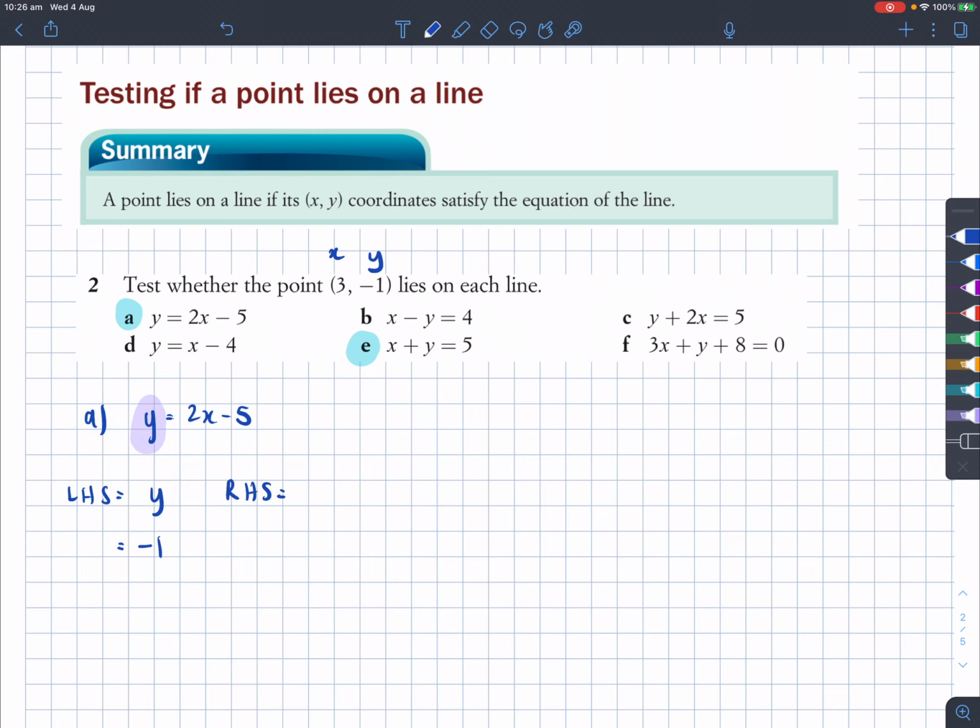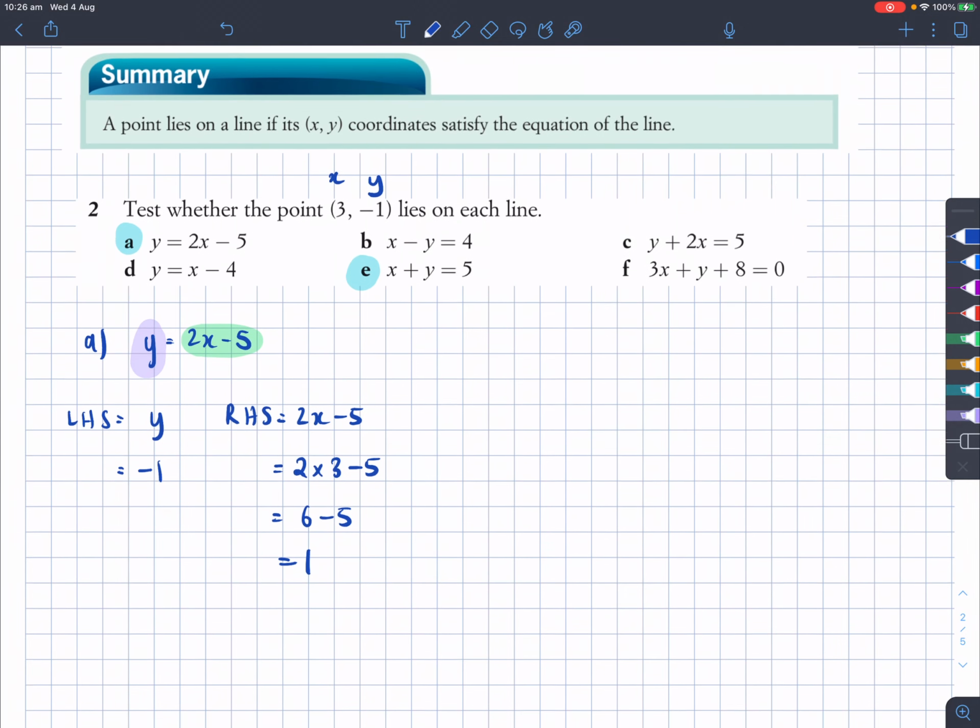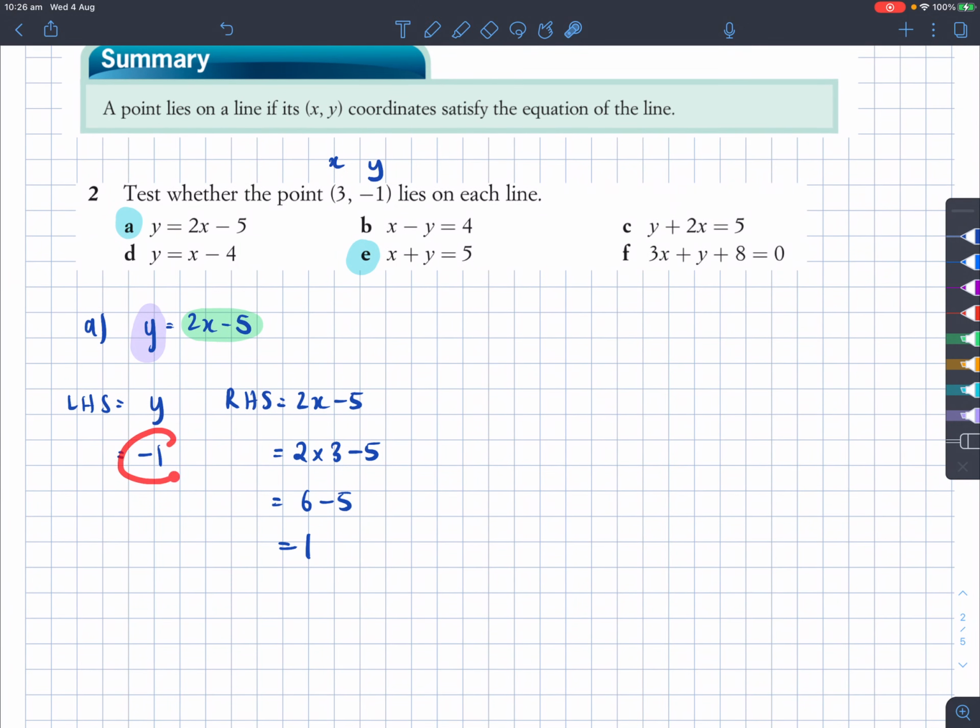Whereas the right-hand side is this part, 2x minus 5. Now ask yourself, what is the x value here that they gave us? It is the number 3. So we're going to do 2 times 3 minus 5. That will be 6 minus 5, which is 1. Now, have a look. Are these two the same values? If they are, then they satisfy the equation.